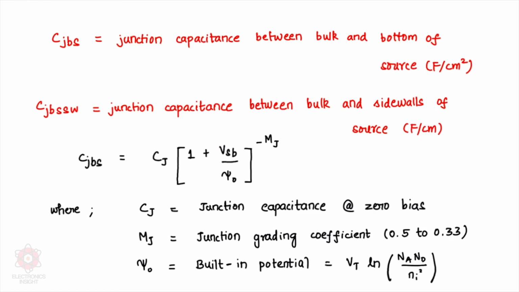Psi naught is the built-in potential, which we write as Vt ln(Na Nd by Ni squared). Vt is the thermal voltage, kT by q, Na is the acceptor doping concentration, Nd is the donor doping concentration, and Ni is the intrinsic silicon concentration. Mj is the junction grading coefficient, which most probably varies from 0.5 to 0.33.